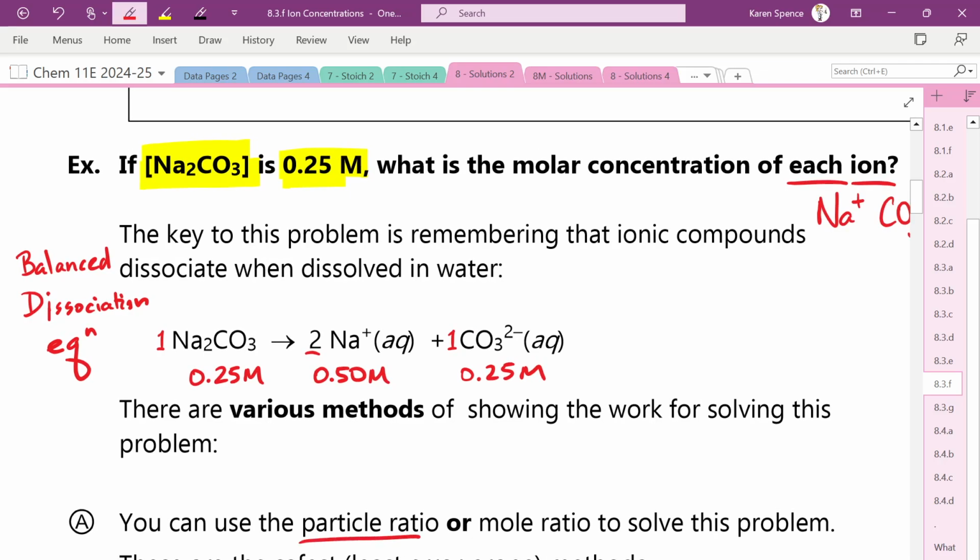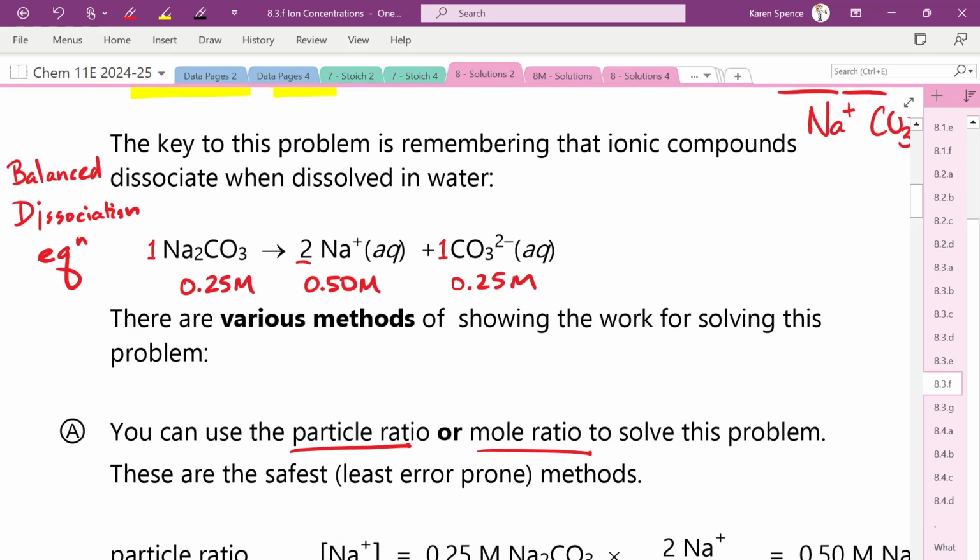You can use the particle ratio or you can use the mole ratio. So if you're having any trouble, if you're like, I want to double it, or if you've got a weird 2-to-3 ratio and you're not sure, should I multiply by 2/3 or should I multiply by 3/2? This can be helpful, okay?